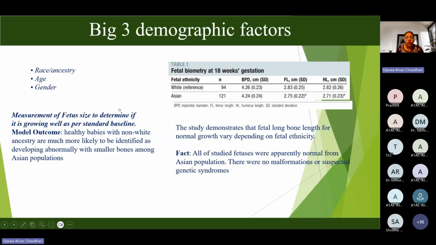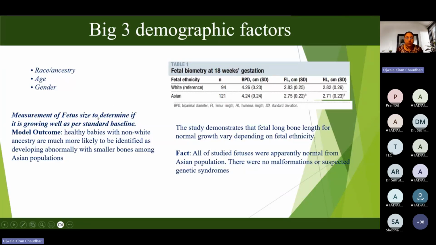One piece of research has already been published on how these things impact the results. The analysis is about the fetus, with different parameters captured from different regions: the white ethnicity from the UK or Europe, and Asians from Japan, China, India, and so on.